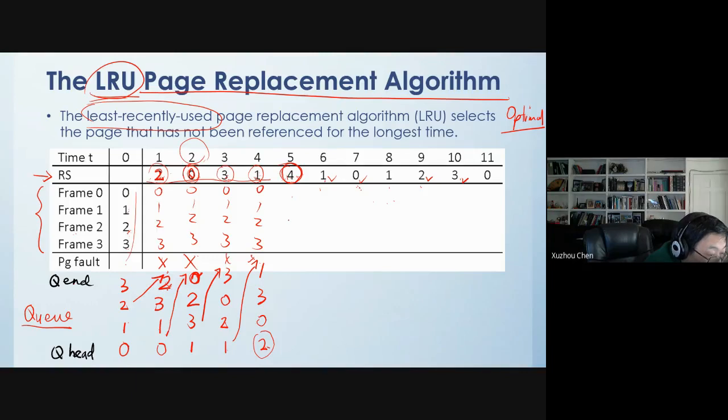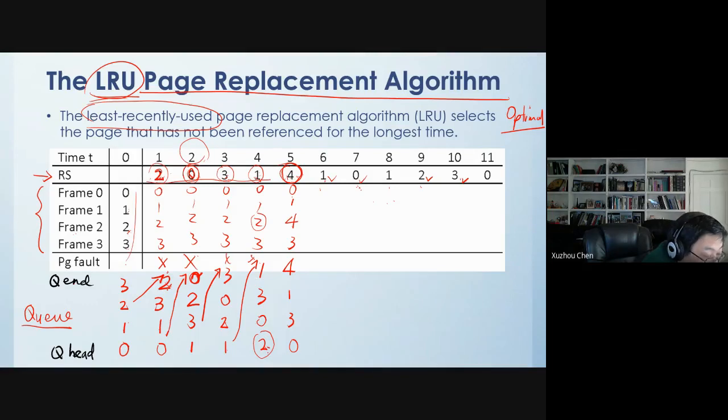So 4 is going to replace 2. And then we're going to push all the pages forward and put 4 at the tail, because 4 was recently loaded into the memory, so it was recently used.